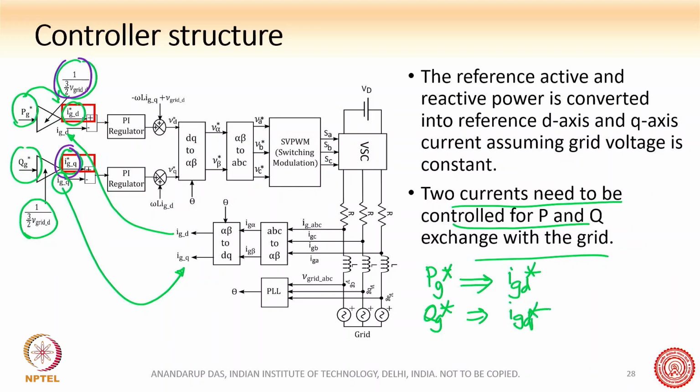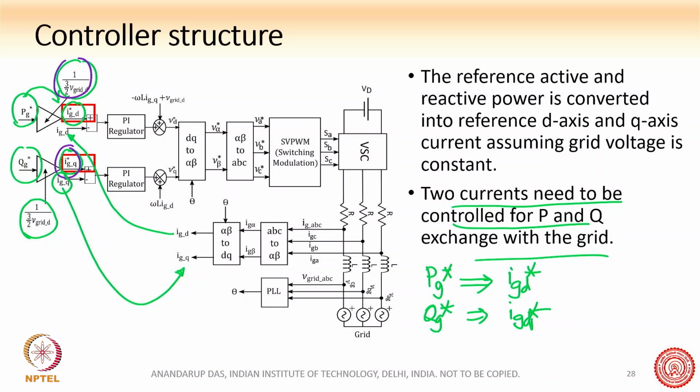So this indicates that the voltage source converter, although it has a voltage source, we are controlling in such a way that it is behaving as a current source to the grid. So we are doing a current control of the voltage source converter.